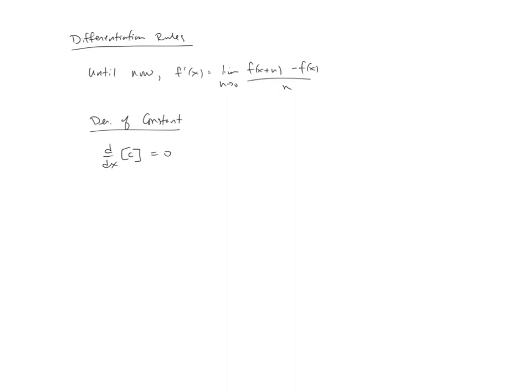Okay? Now, why is the derivative equal to 0? Well, what is a derivative? A derivative represents change, represents slope. And if we think of this as our function, and we look at the graph of y equals c, the graph of y equals c is going to be a horizontal line.